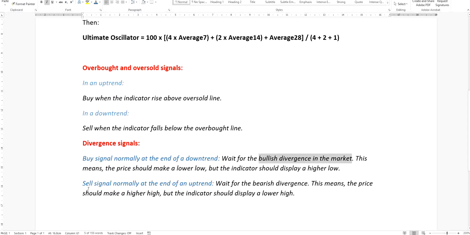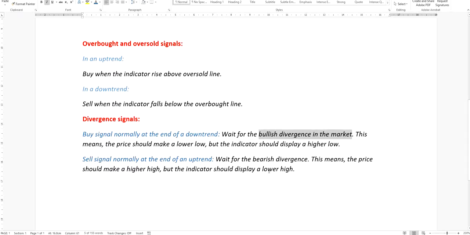Or the sell signals normally come at the end of an uptrend, and we wait for the bearish divergence. This means the price is still making higher highs, but the indicator displays lower highs, which means that the uptrend gets weaker and weaker.